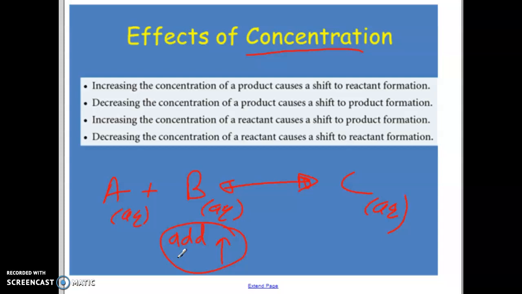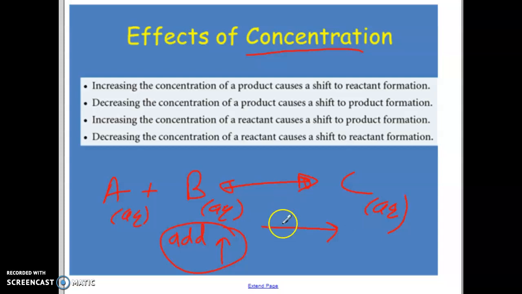The only way for it to do that is to transform the B by doing the forward reaction, so the B can react with A and cause more C to be produced. So by adding in B, we've caused an increase to the forward reaction. Now, does that mean that the reverse reaction is not happening? No, the reverse reaction is still happening, but the reverse is slower in comparison to the forward.